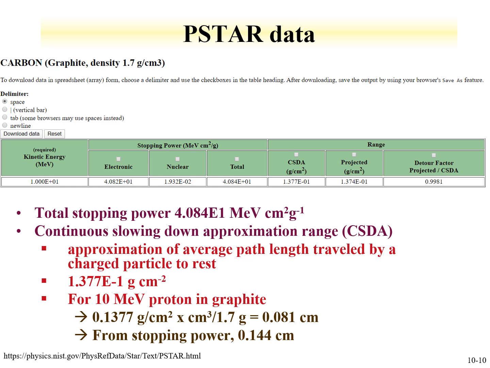So we could use this data here, and I just use the CSDA example here. Take this value. We know the density is 1.7 grams per centimeter cubed. Solve for distance in centimeters. We get 0.081 centimeters.